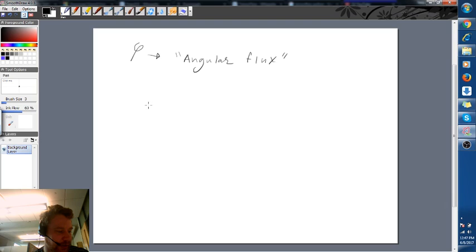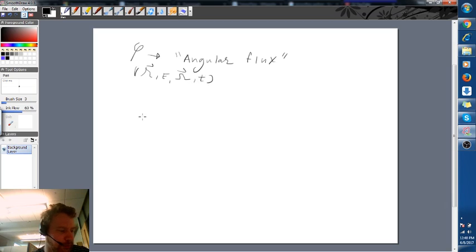What we can say is we can collapse or concatenate this in terms of different variables. So this is the angular flux when it is a function of r, e, omega, and t.